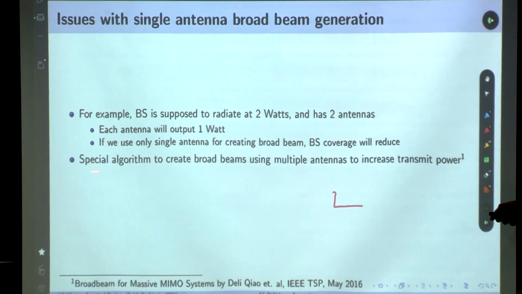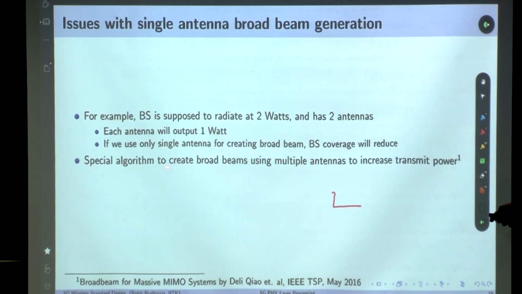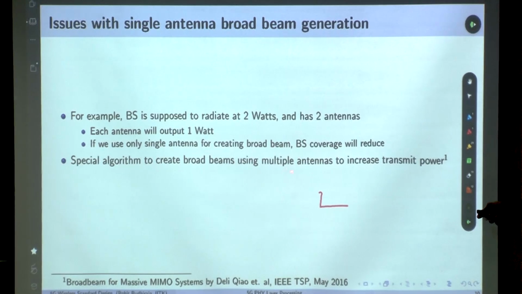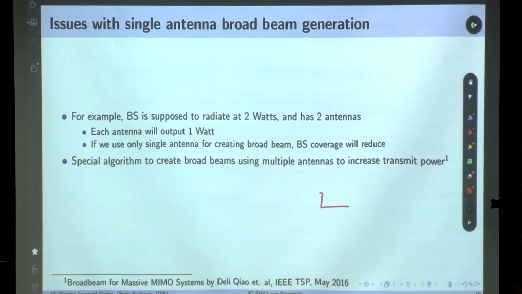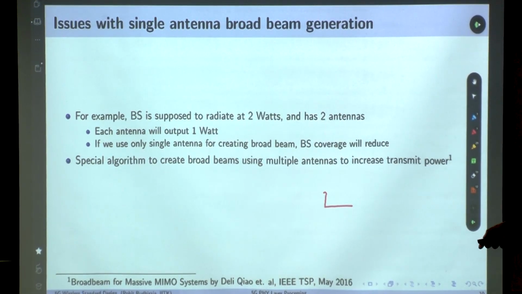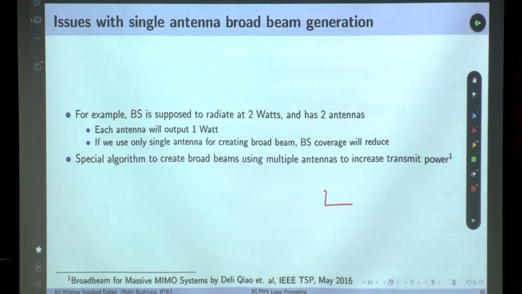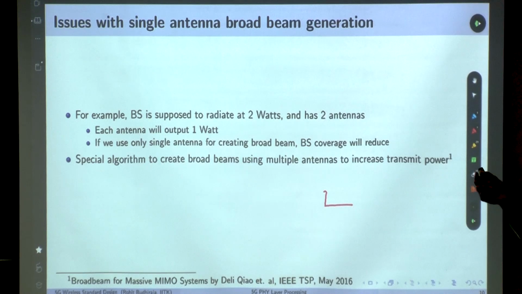This is the reference: special algorithms are designed to create these broad beams using multiple antennas to increase the transmit power. If you do simple precoding, maximum ratio transmission kind of precoding, you will form a very narrow beam. Now there are these special algorithms which tell you how to create these broad beams using multiple antennas so that you can increase the power.